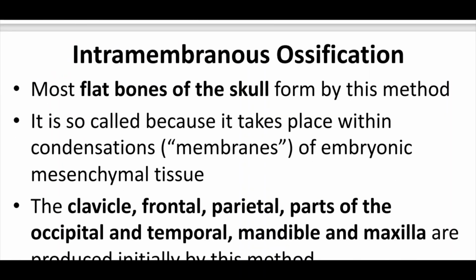Intramembranous ossification forms most flat bones of the skull. It is called intramembranous because it takes place within the membranes of embryonic mesenchymal tissue. A quick recap: in the embryo there are two types of tissues. There is mesenchymal embryonic connective tissue, which is the most abundant, and then mucoid tissue that you find in the umbilical cord.